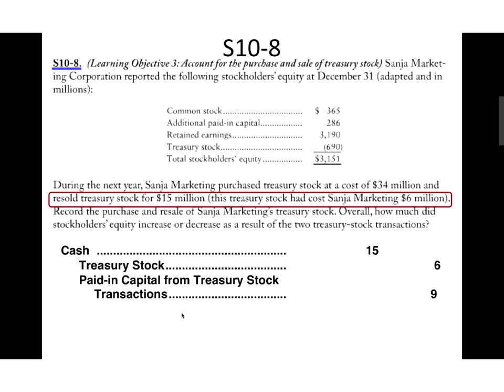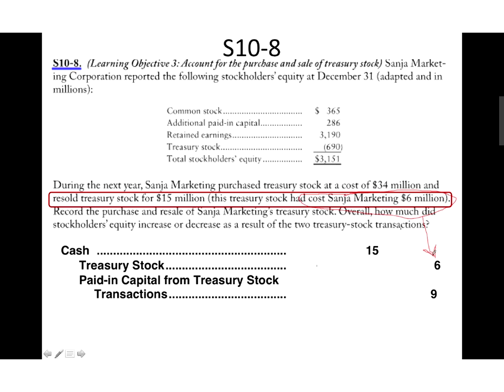When we sell treasury stock, this credit to treasury stock is something new. We had not done it on Monday. That will be the cost. The original cost is $6 million, and that's what we reduce treasury stock by.